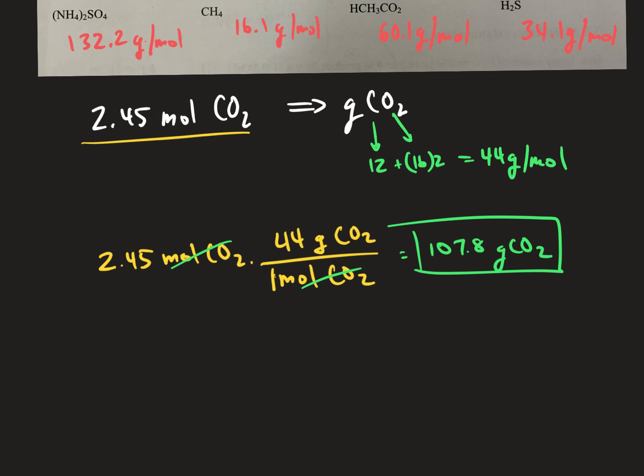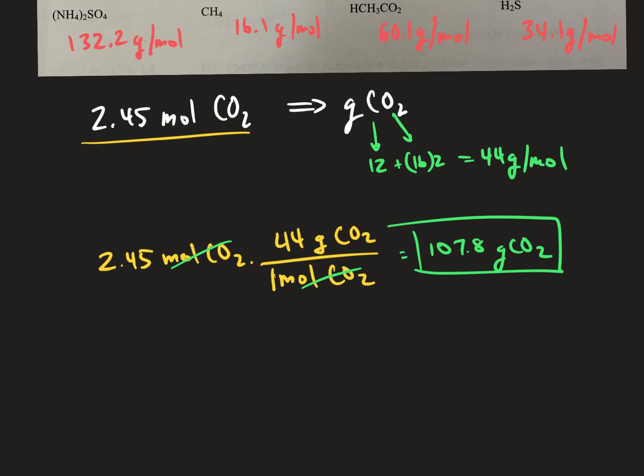Questions? Yeah, Mina. Sorry, where did you get 2.45 from? Or was that from the other? That's given to us. If we start with 2.45 moles of carbon dioxide, we want to convert that to mass. Why? Because moles don't do us any good. So if we have moles, we got to get it to mass so that we can actually measure this out, yeah?